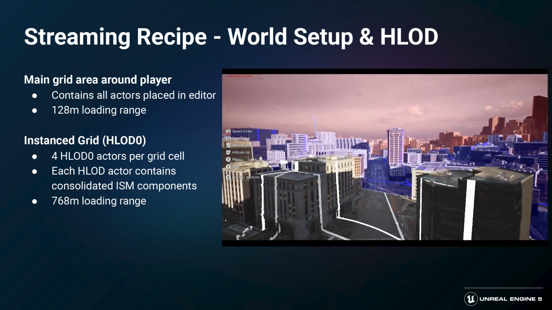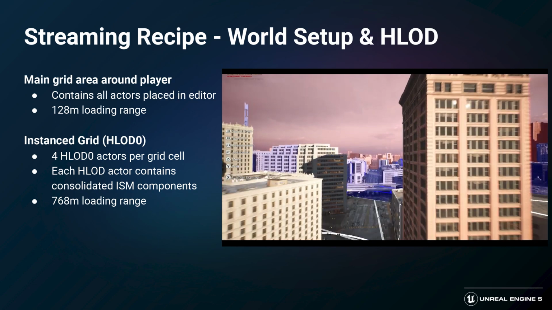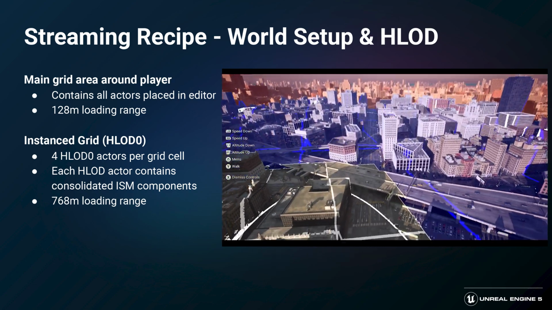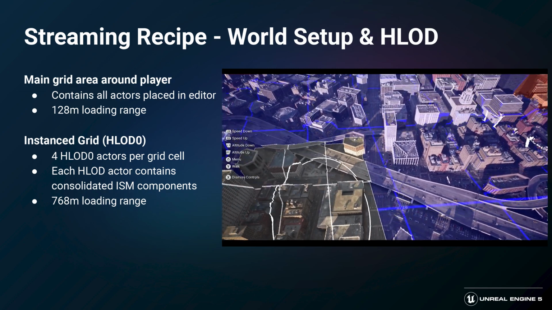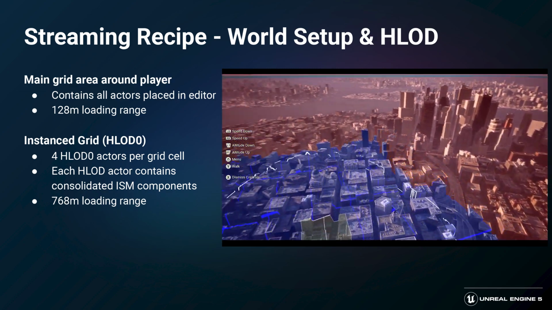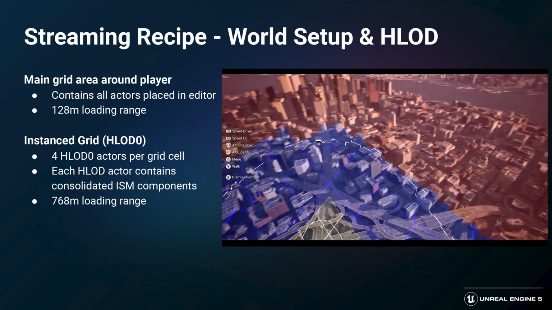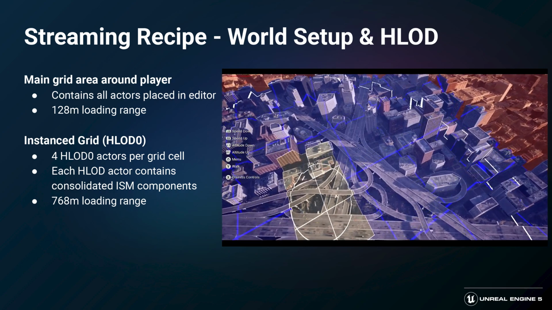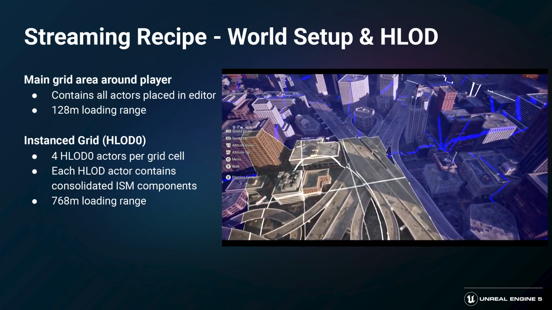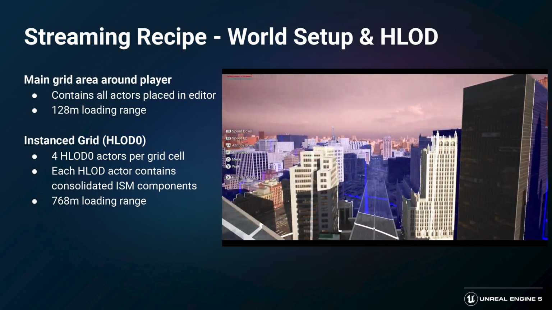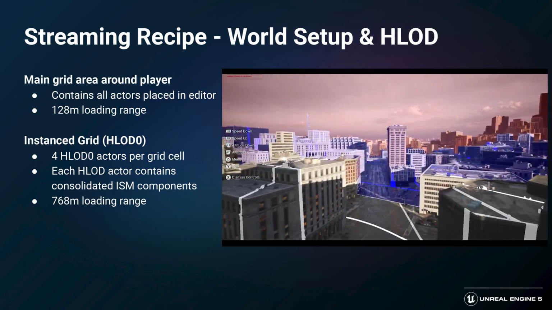All the actors in the main grid cell are merged into 4 separate actors and consolidated into ISM components. This reduces the overall actor count and improves streaming of the cells. Since HLOD 0 is generated from the main grid actors, whenever a change is made to the actors in the main grid, HLOD 0 will need to be regenerated. We used an automated process to regenerate HLOD 0 every night.